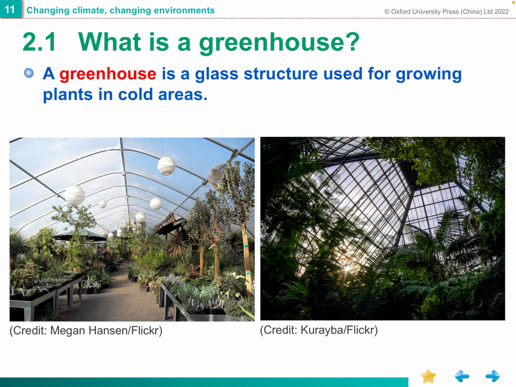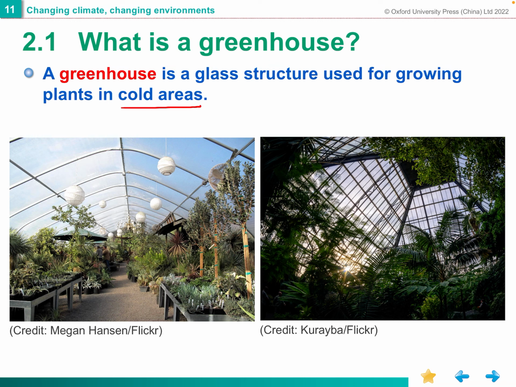A greenhouse is a glass structure for growing plants in cold areas. In some very cold areas, they need to build a greenhouse to make the plants inside get enough warmth so they can grow better.